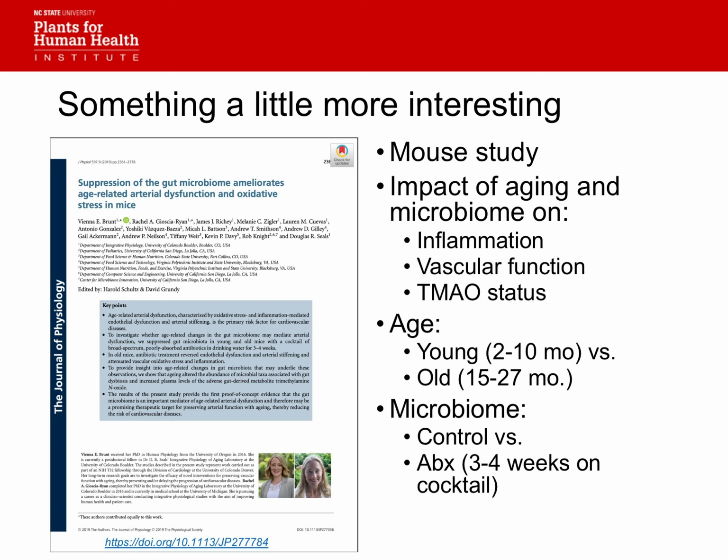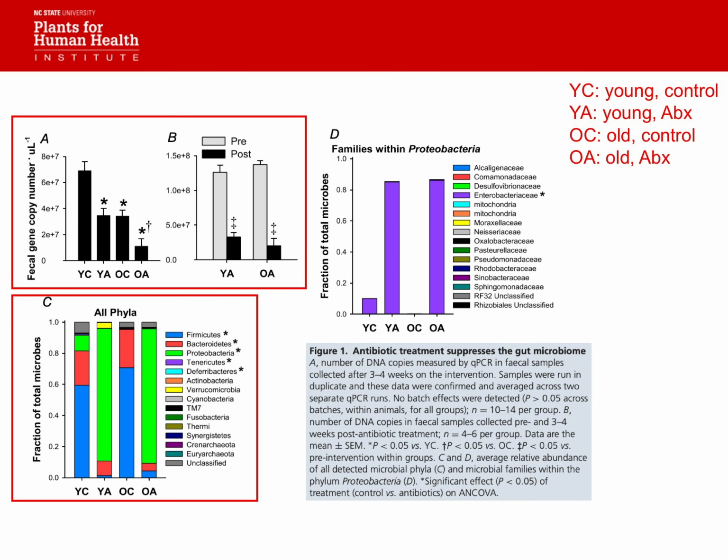Okay, so what we did here was a mouse study to look at the effect of aging on vascular health, okay? They have young versus old mice, and within those, they either gave them nothing or gave them antibiotic, okay? And they have some really interesting data. Just to show you here, this is the fecal gene copy number.